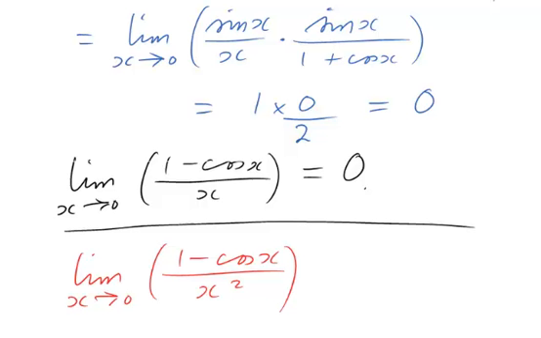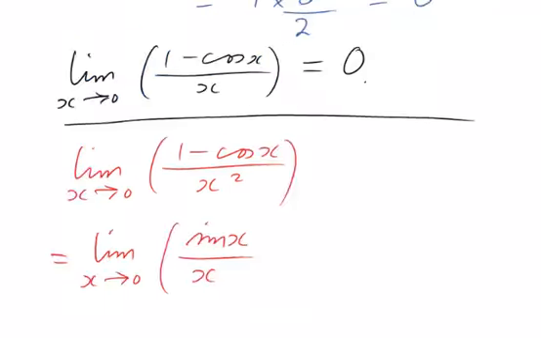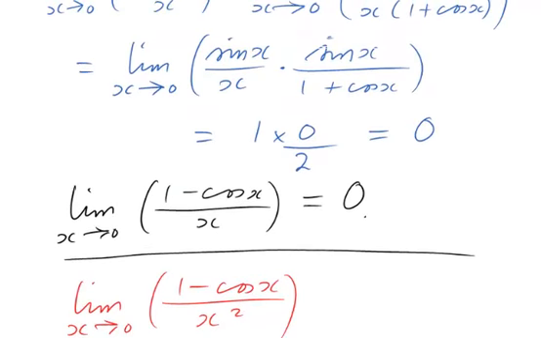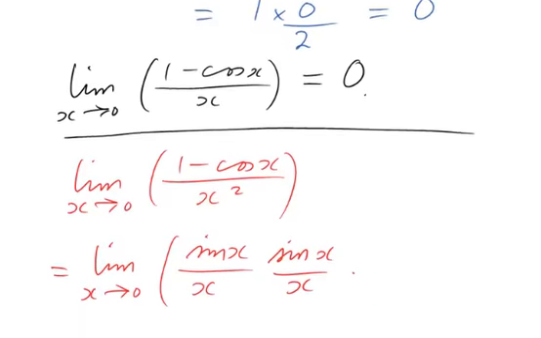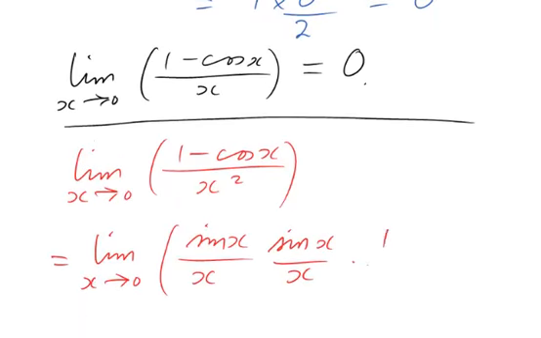Let's collect that with the spare sin x. So there's the first sin x over x that we already had. And remember then there was a spare sin x, but now we've got a new x to go with it. And what's left, let's just look back a moment, it was that 1 plus cos x underneath, wasn't it? Okay, so we can write 1 over 1 plus cos x.